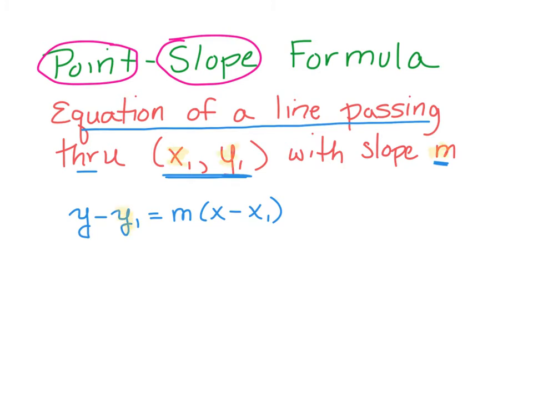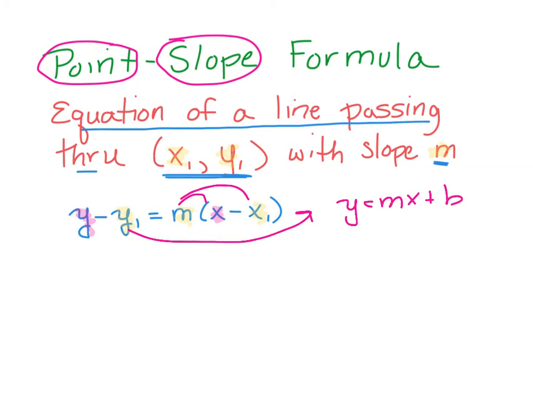So we're going to fill in this number, and this number, and we're going to leave the x and the y in the equation. Those will be the x and y in our y equals mx plus b. So 3 numbers, 2 variables, we plug them in. Now what we do with that is we will then distribute the m and add that y1 over here, and we come up with the y equals mx plus b. So to me, that's always been a little bit goofy. We distribute and then we add that y1.